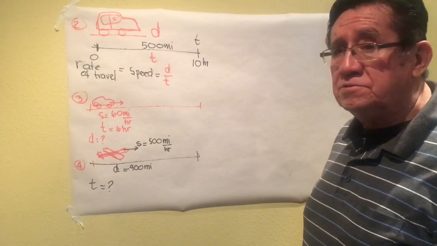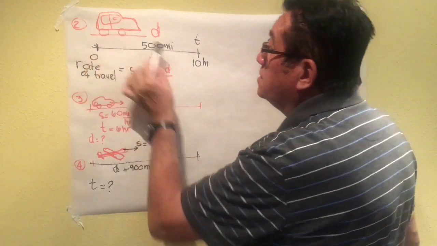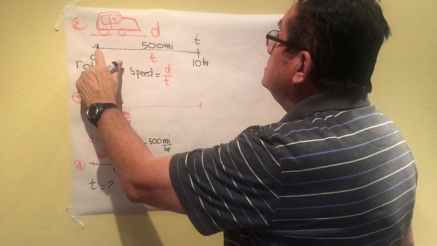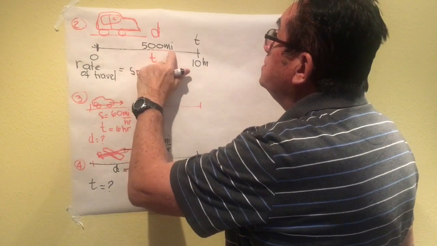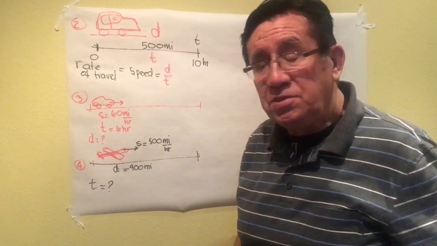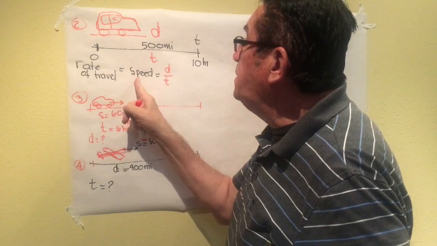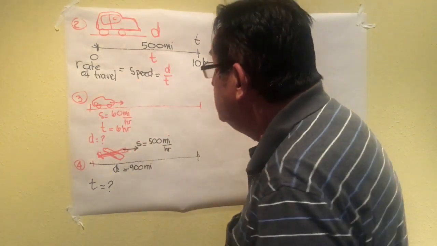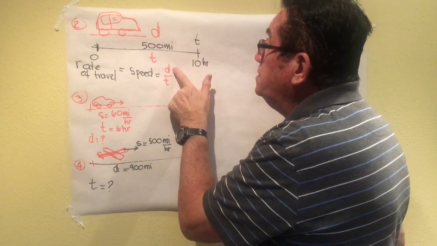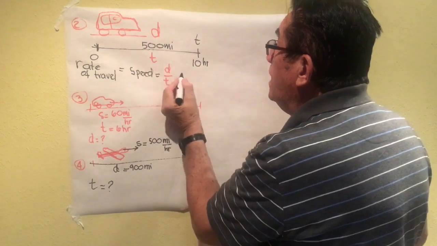Okay, now we're going to study a second case. We have this little car that is running a distance of 500 miles in 10 hours. We need to know what the rate of travel is. That means it's a speed, a velocity. Since velocity is a ratio of distance over time, what I have to do is replace the values.